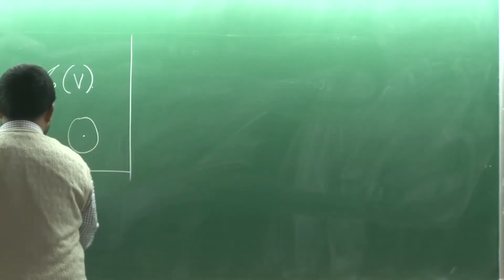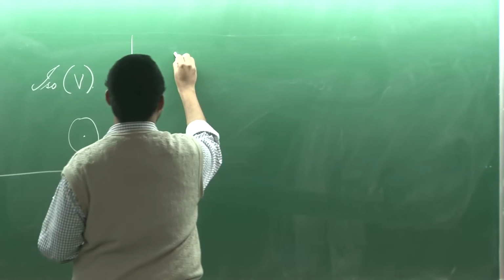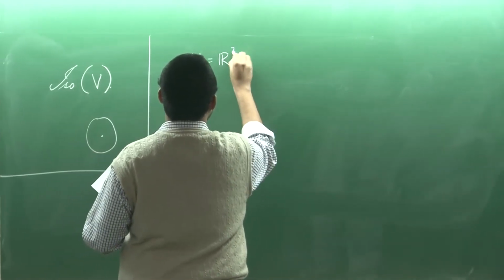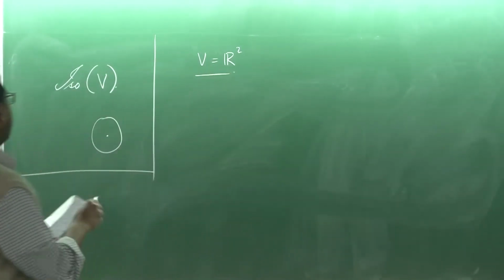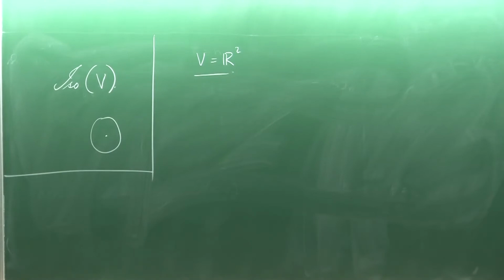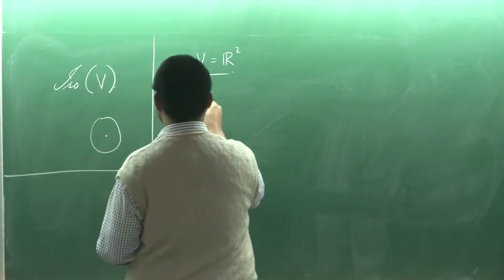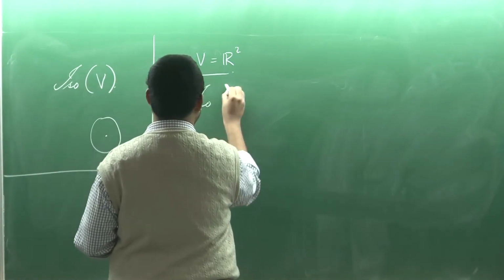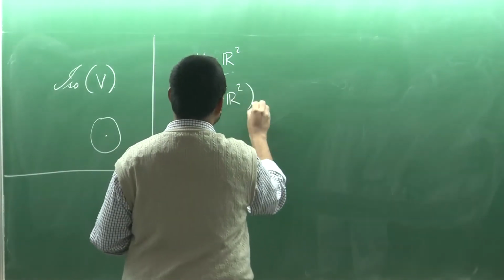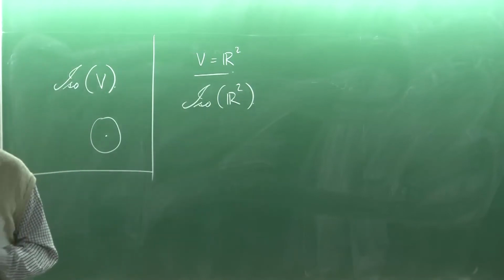The situation becomes somewhat more interesting when, in addition, V is R2. In this case we have a much more concrete description which we are familiar with. If V is R2, then what are the isometries of R2?